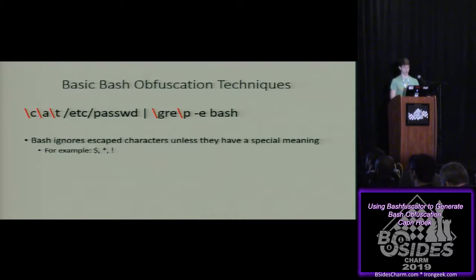So, perfect for obfuscation. So these characters like the bang for history expansion, the asterisk for globbing, and the $ sign for variables and parameter expansions, if you escape those, they will have a different meaning, but if you're just escaping most built-in or command names, it'll almost always do nothing.